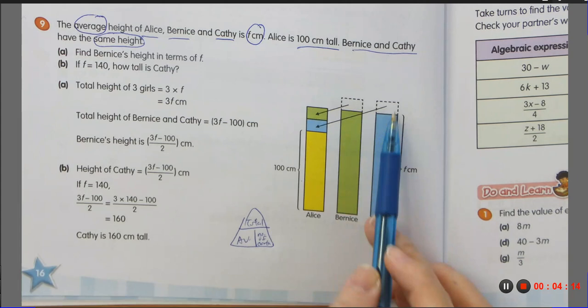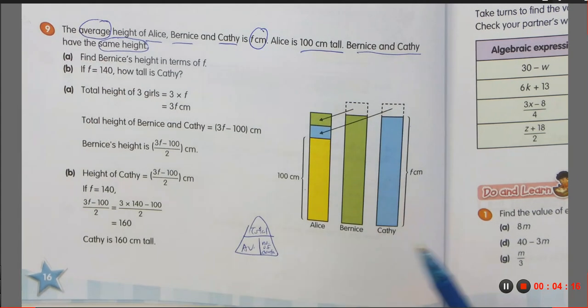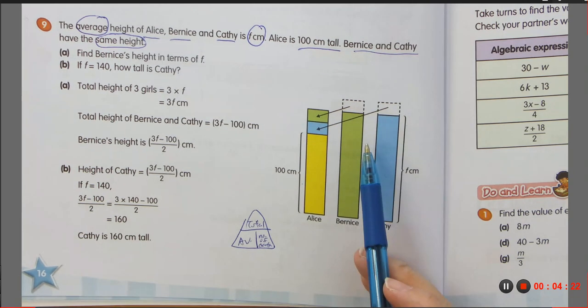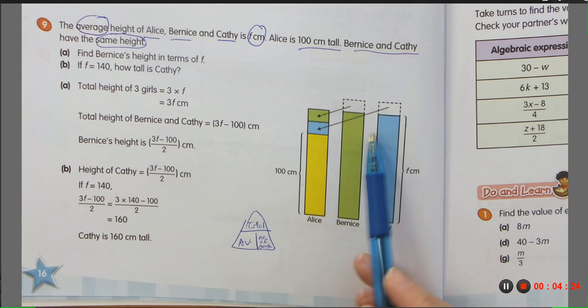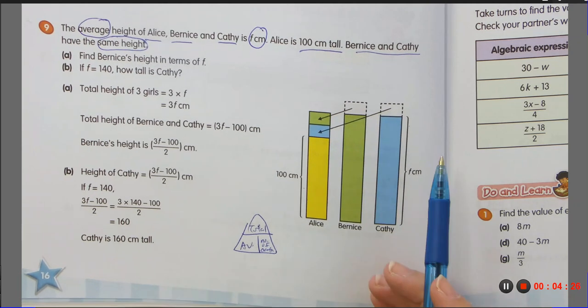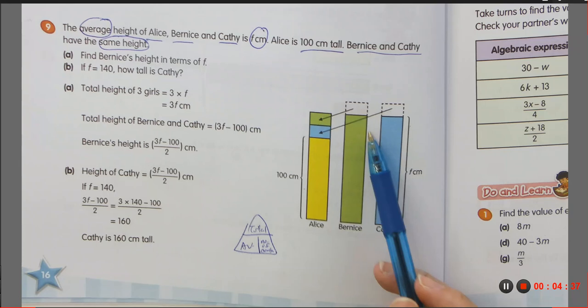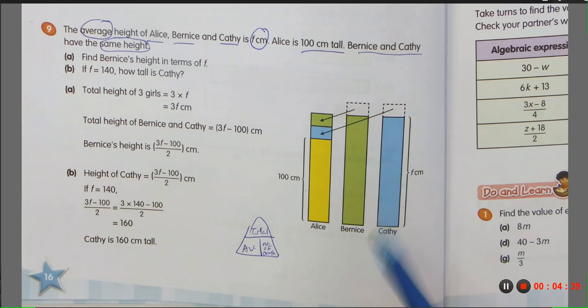Now, do you think Bernice and Kathy give away the same amount? Yes. Why? Do you think Kathy and Bernice give away the same amount? But why can't Bernice give more and Kathy give less?